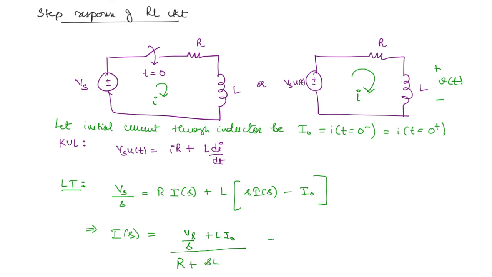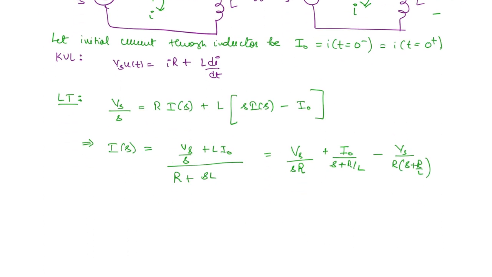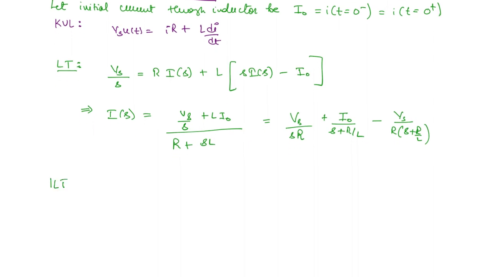If you apply the partial fraction, then you are going to get Vs by SR plus I naught by S plus R by L minus Vs by R into S plus R by L. Now if you apply the inverse Laplace transform, then you are going to get I of t is equal to Vs by R plus I naught e to the power minus Rt by L minus Vs by R e to the power minus Rt by L.